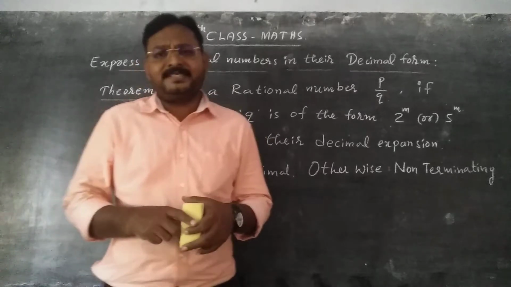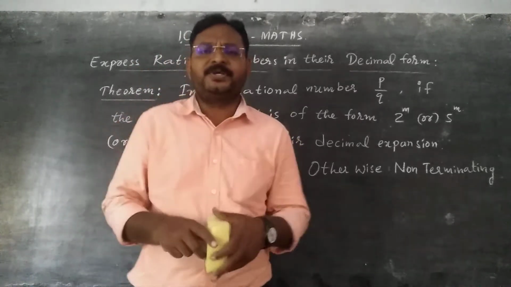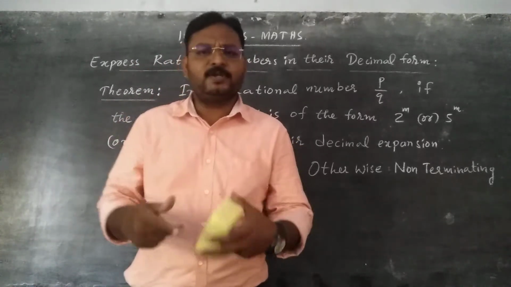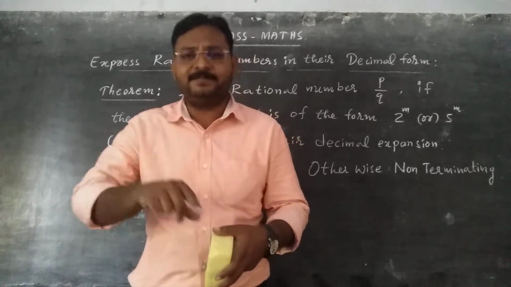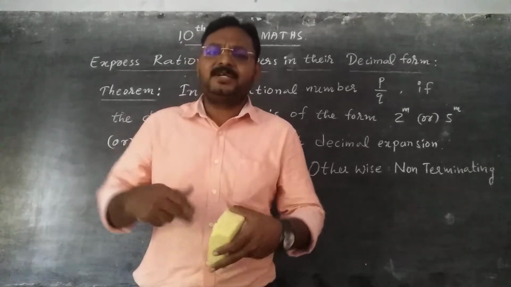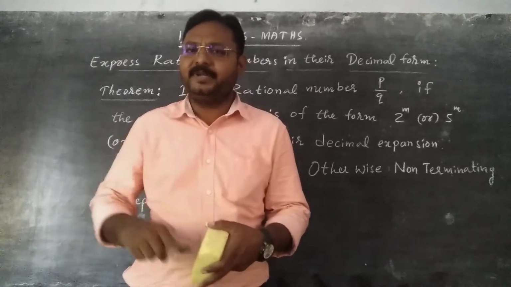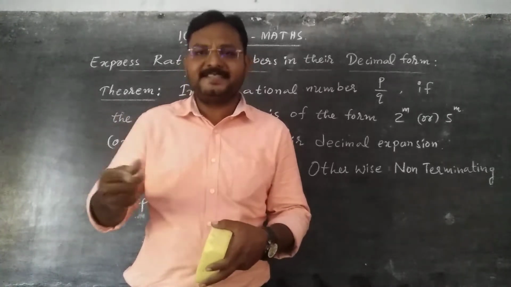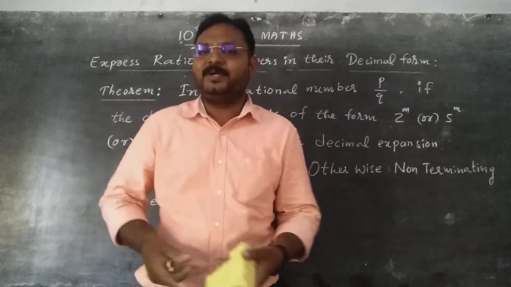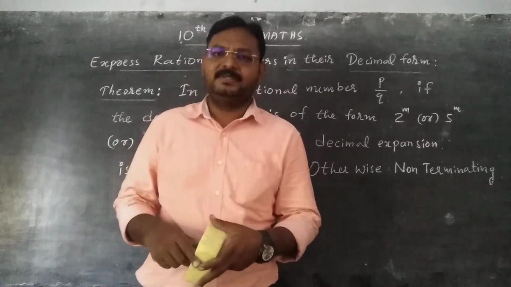In rational numbers, decimal forms are of two types, also known as decimal expansions. One is terminating decimal and the second one is non-terminating repeating decimal. What is meant by terminating decimal?